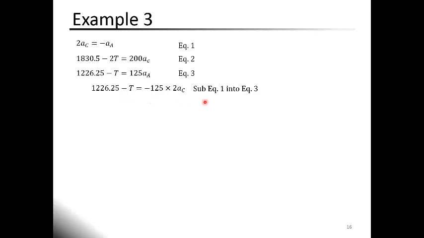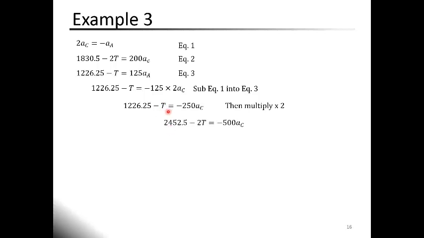We just need to substitute equation number 1 into equation number 3 to get this equation. And then we multiply the resulting equation by 2 to double this value to make it 2T, as follows.